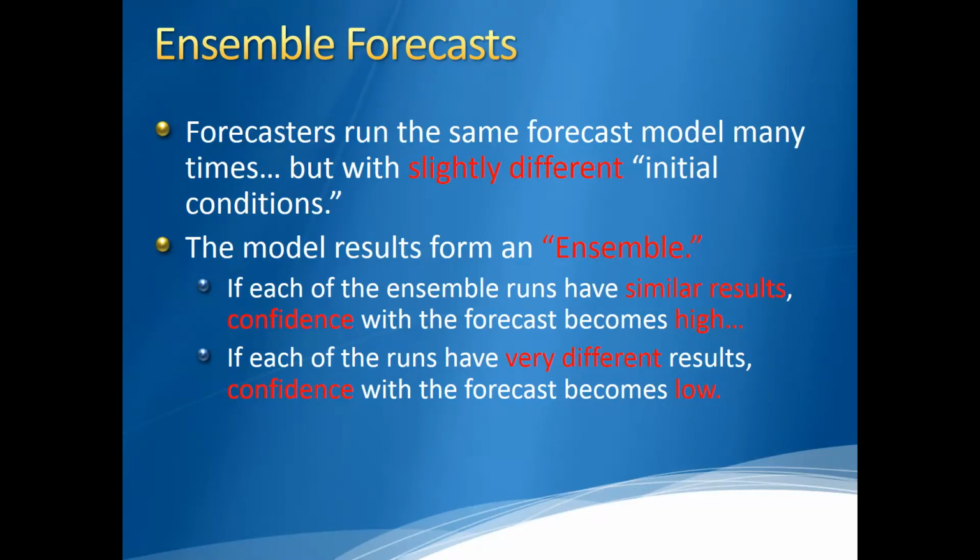If the output of each one of these models still is in agreement with one another, then we have what's called a high confidence forecast. In that case, even despite the slight differences, they all still agreed with something at the end.